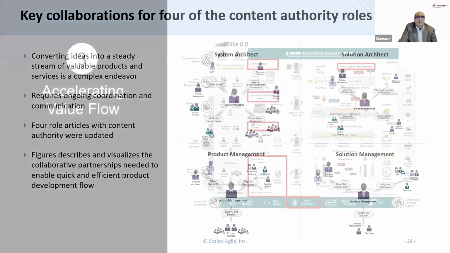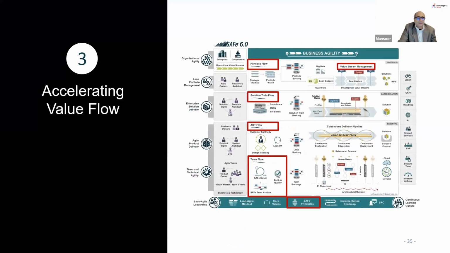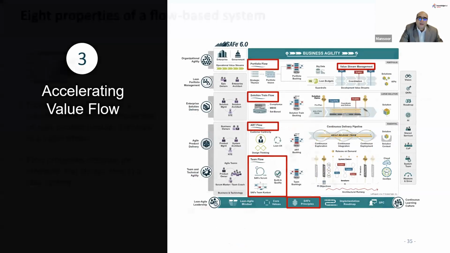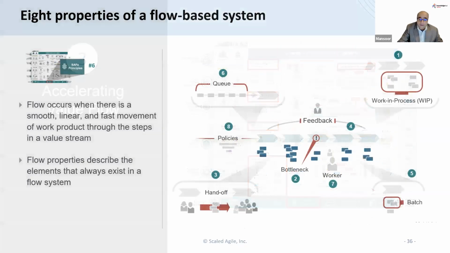All right, the third theme is accelerating value. So accelerating value is very important. Today we live in a competitive world, as we know, and we need to accelerate flow as an essential survival skill for the digital age. It is the third theme and an overarching theme for the entire 6.0 release. We've spent a lot of time in 6.0 thinking about the flow and how we can accelerate.